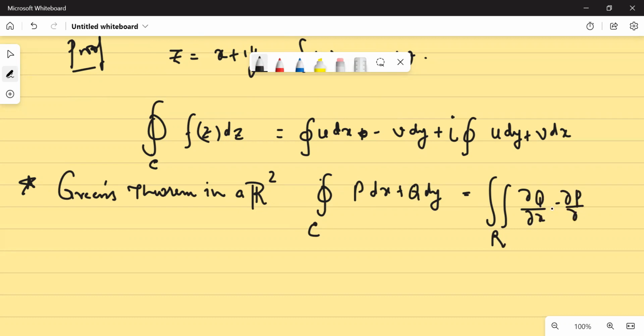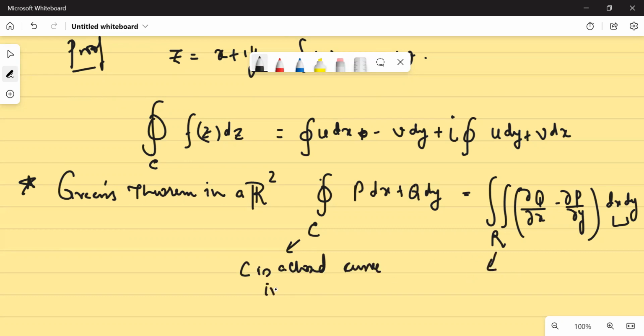I hope you remember this particular theorem. If you don't remember, please go and see your vector calculus notes. Here C is a closed curve inside region R.